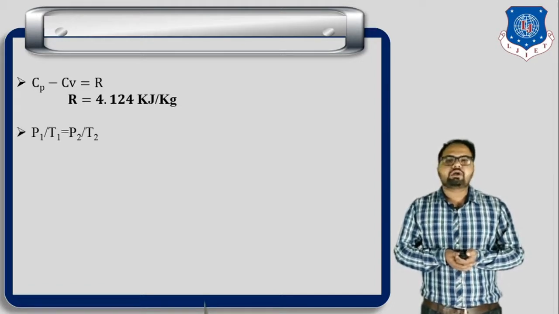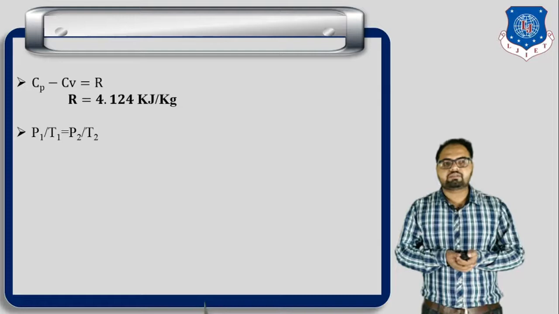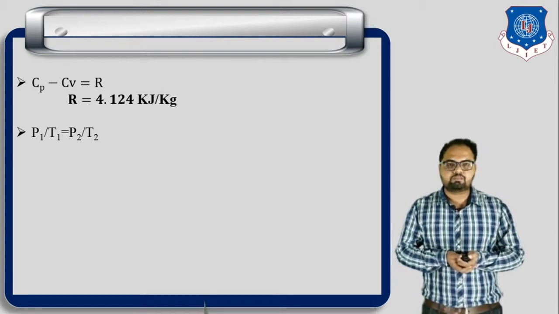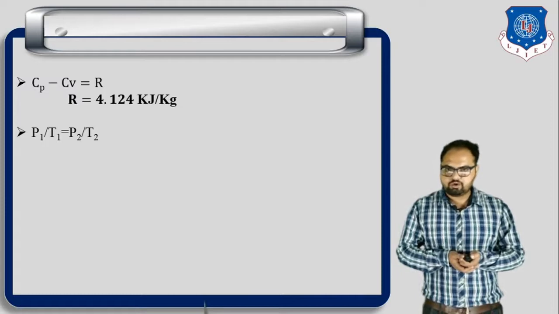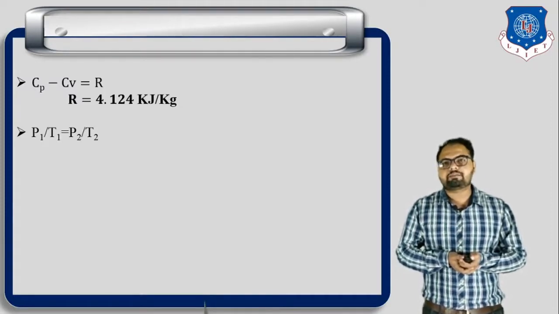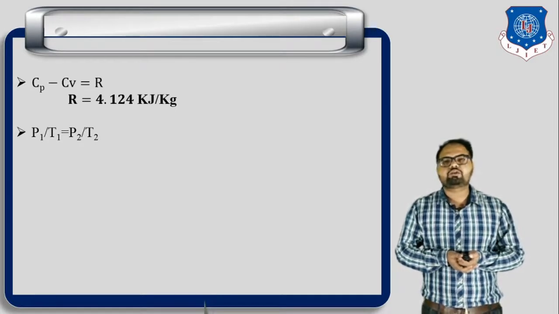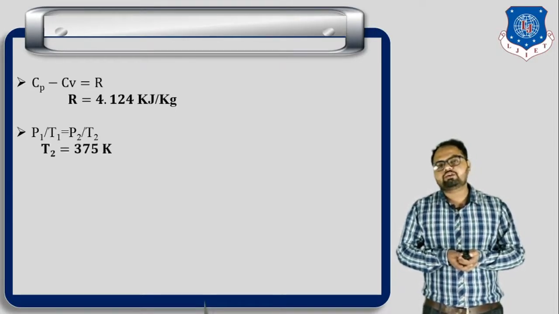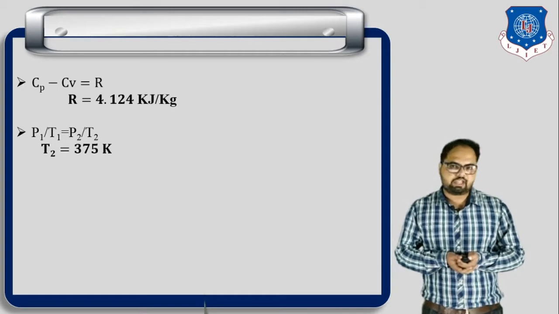Now we need to find out T2, because T1 is already given. The relation between pressure, volume and temperature is P1 V1 by T1 is equal to P2 V2 by T2, but during a constant volume process V1 is equal to V2, so P1 by T1 is equal to P2 by T2, and we get T2 is equal to 375 Kelvin.